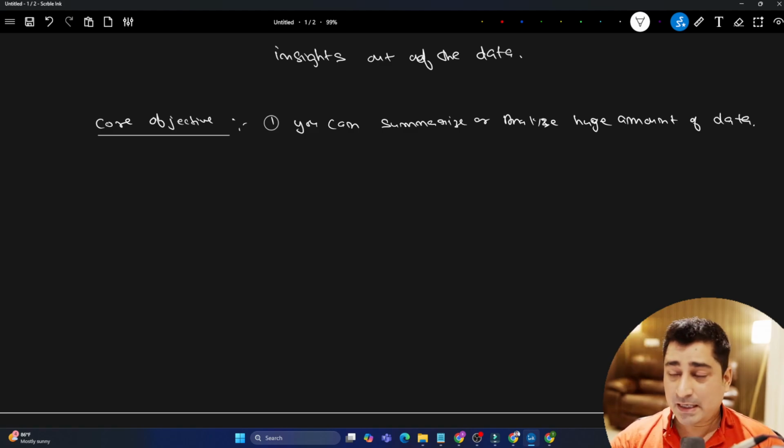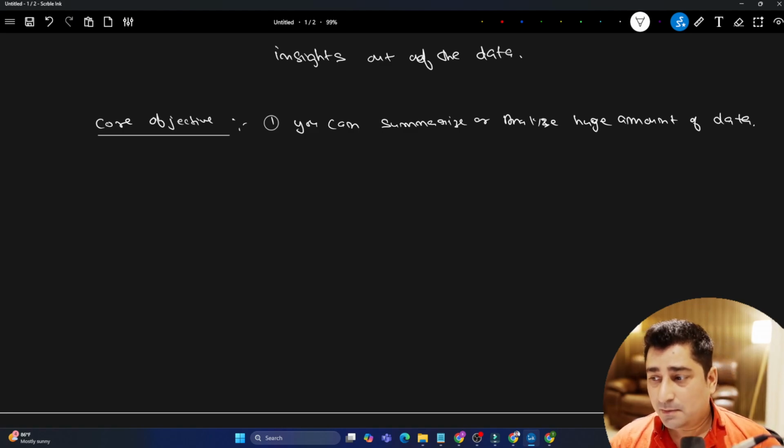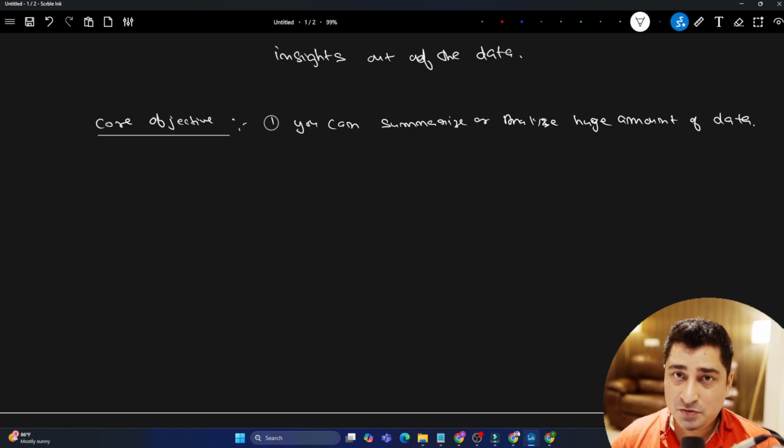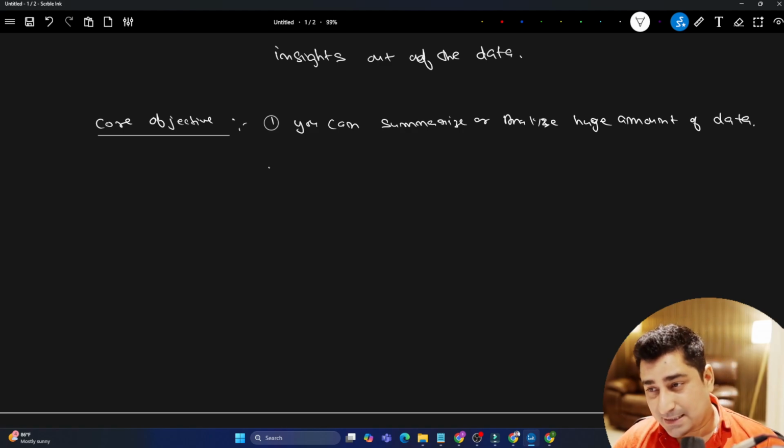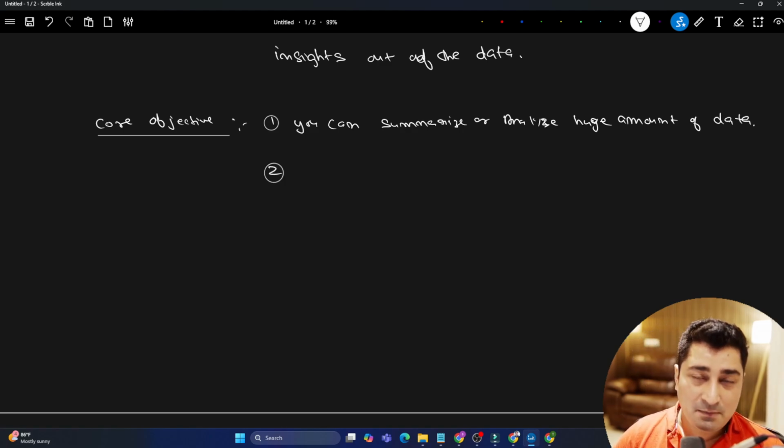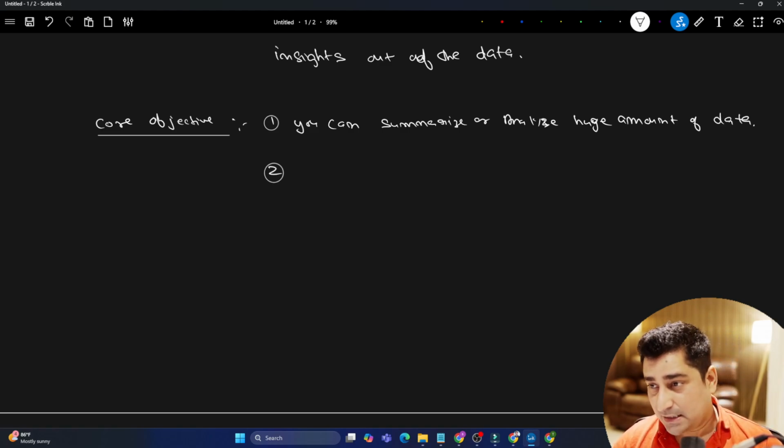And that's true, right? Obviously it is going to work with a small amount of data, but the real problem happens when your data size is very, very big. And the second part is you will be able to understand a pattern, a relationship inside the data.